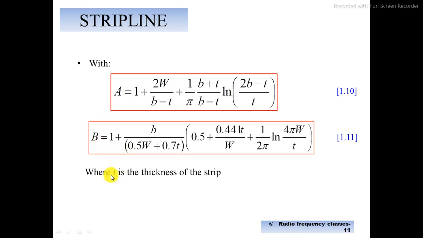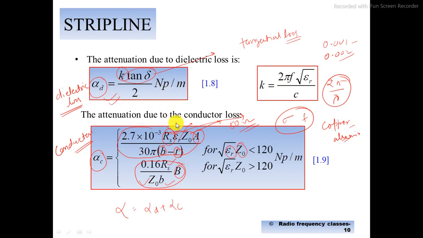And thickness, in most cases, whatever numerical is given to you, will always be defined. So we have to calculate these constants, and then place them here and find out the alpha c value. For alpha d there is no need of constants, it is directly defined, but for alpha c, because it depends upon so many parameters, we have to find out the conditions and then give these values, and then we can proceed.